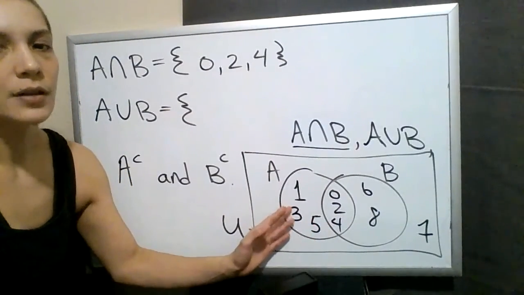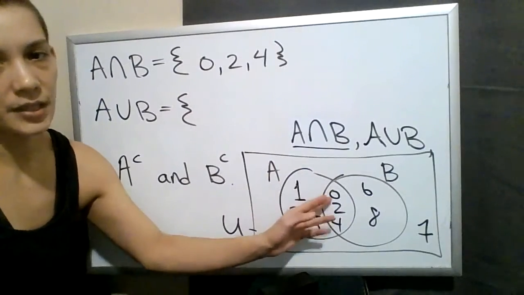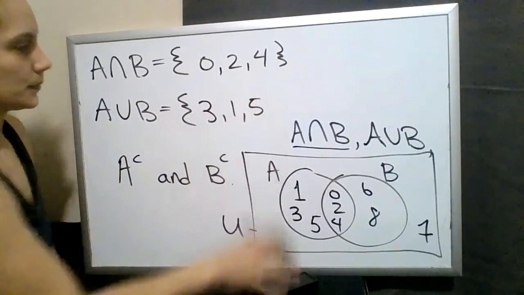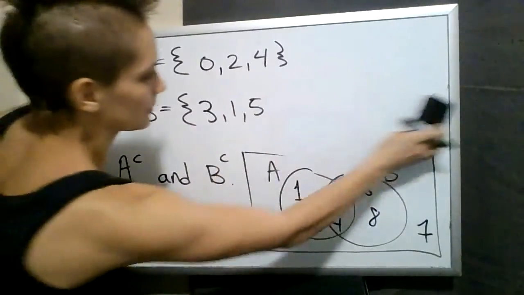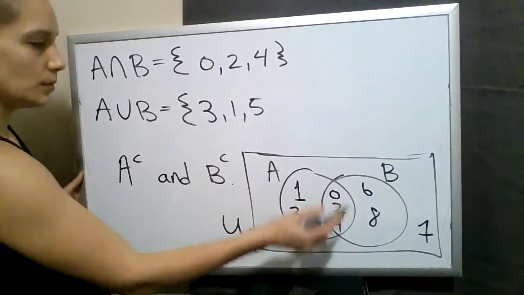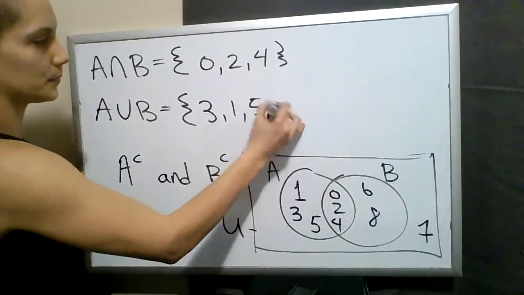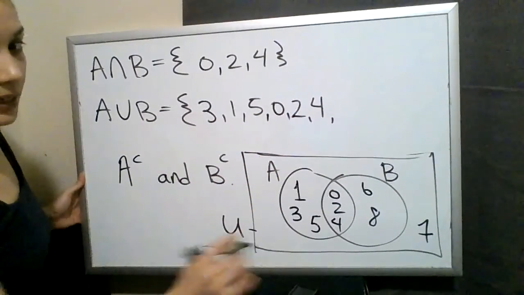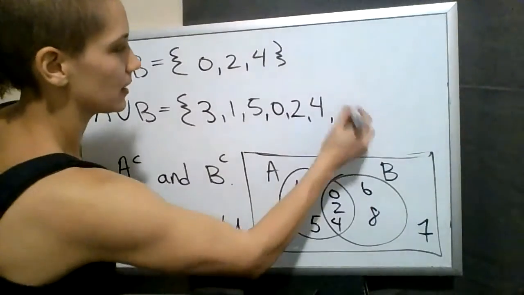It can go 3, 1, 5, 0, 2, 4, 6, 8, and that's the union of those sets.